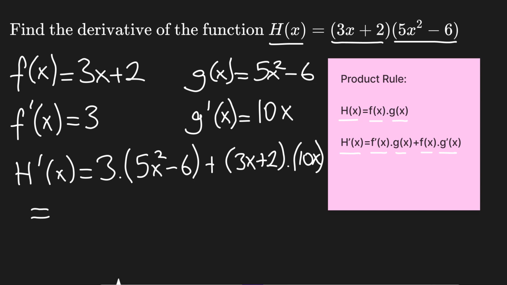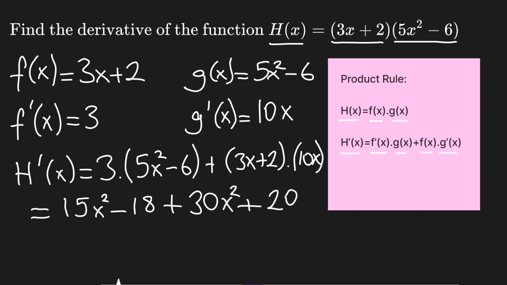In this step, let's distribute 3 and 10x. 3 times 5x squared, 15x squared, minus 3 times 6, 18, plus 10x times 3x is 30x squared, plus 2 times 10x is 20x.